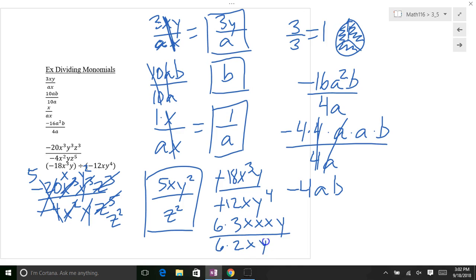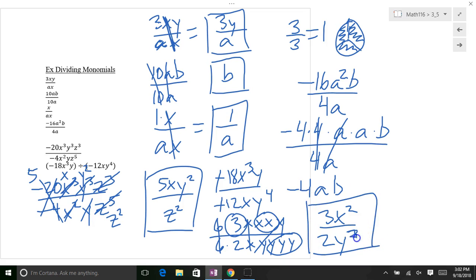I've got x, y, y, y, y. So the 6's cancel, the x's cancel, and then one of the y's cancels. So it looks like we're left with 3x squared on the top, and on the bottom I've got a 2, and I've got y to the 3rd. 3x squared over 2y cubed.